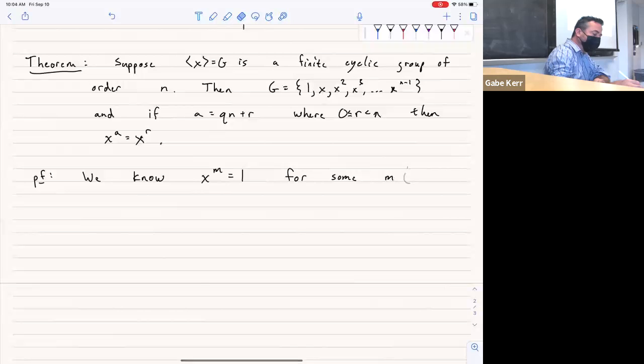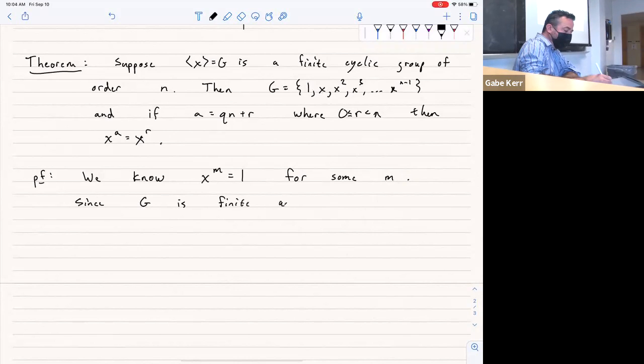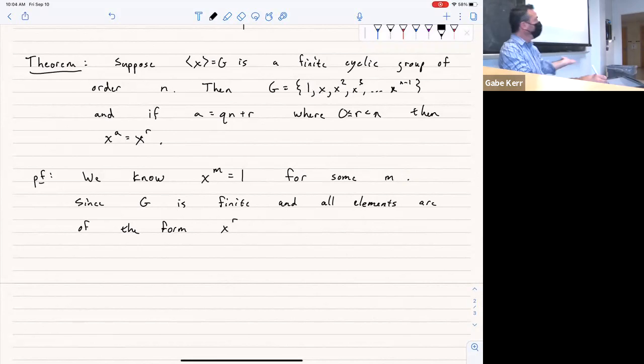Well, let's say this. I'll say what you just said. Since G is finite, and all elements are of the form X to some power, let's say r, at some point we have to repeat.